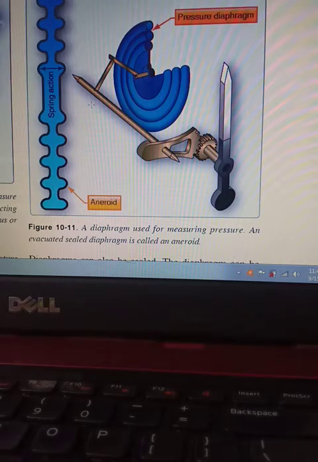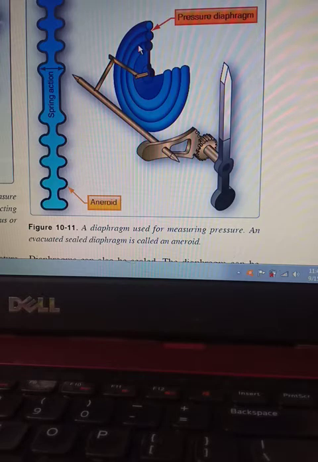The common factor in all is that the expansion and contraction of the side wall of the diaphragm is the movement that correlates to increasing and decreasing pressure. For example, in this diagram, it is composed of several individual tubes.